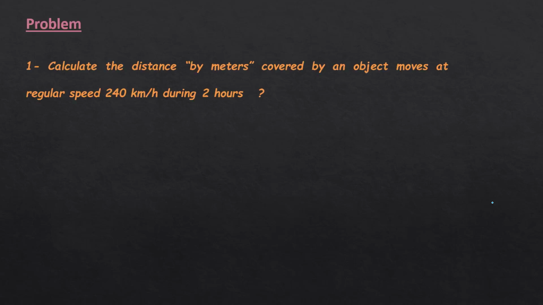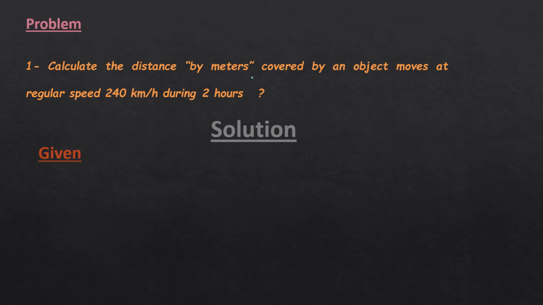Let's take a problem. Here he said calculate the distance, in meters not kilometers, covered by an object that moves at regular speed of 240 km per hour during 2 hours. First, the most important thing, you have to write the given.